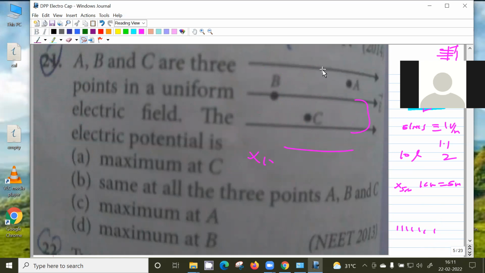I can draw the same thing on a finer scale. If I have divisions for 1 mm, I can also draw divisions for 0.1 mm, so the number of lines will go 10 times. In that case, the number of lines passing through A, B, and C will be the same.